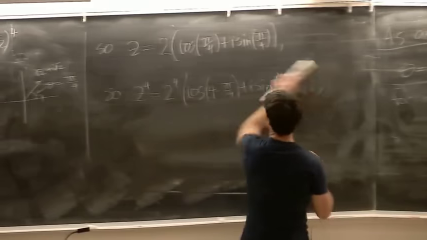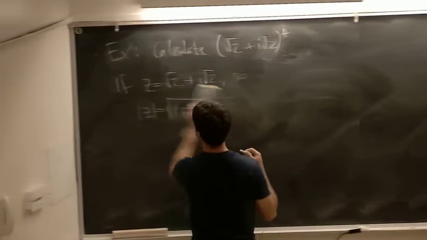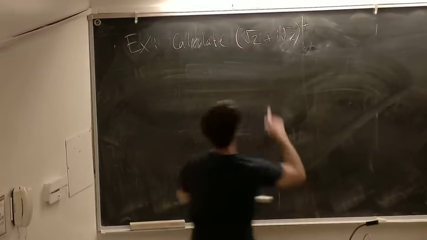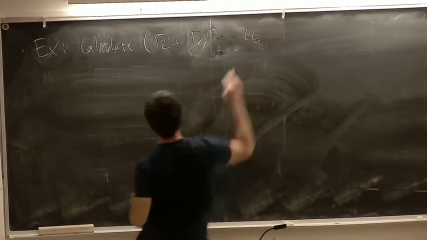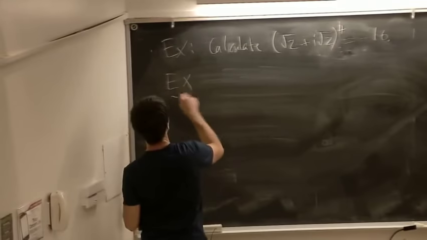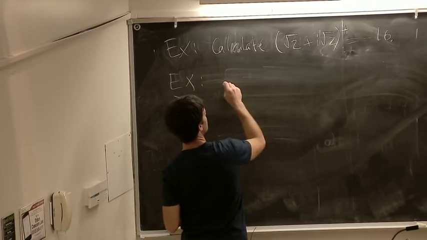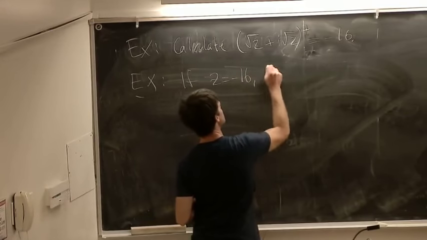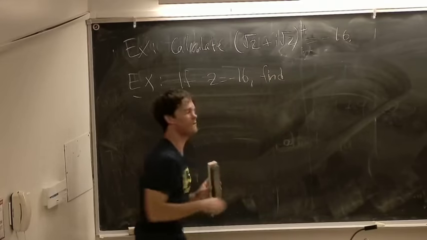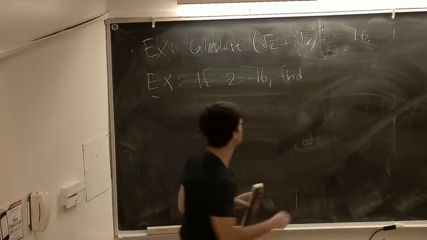Okay, here, let's do an example with that. So this one, we calculated this was negative 16. So here's another example. If z is equal to negative 16, let's find the fourth roots of z.